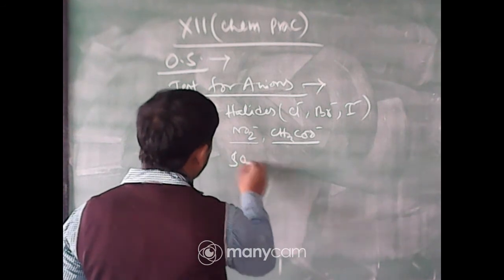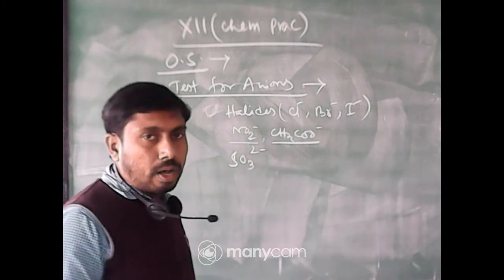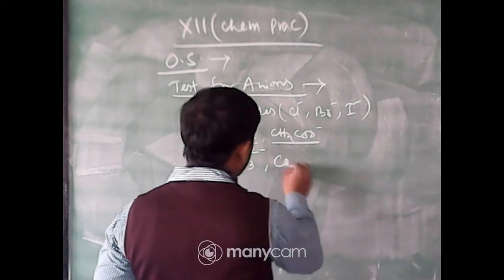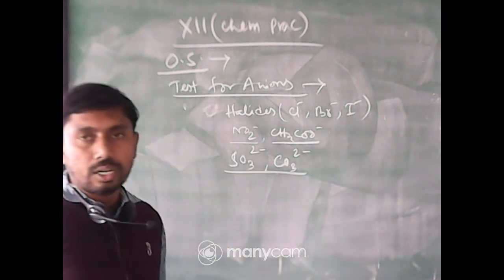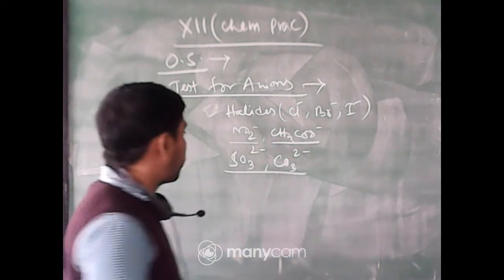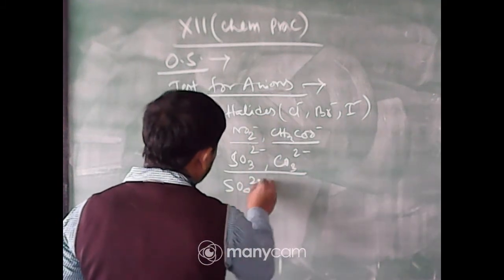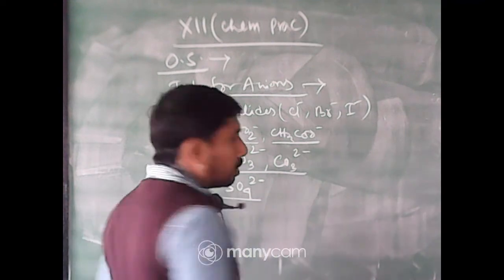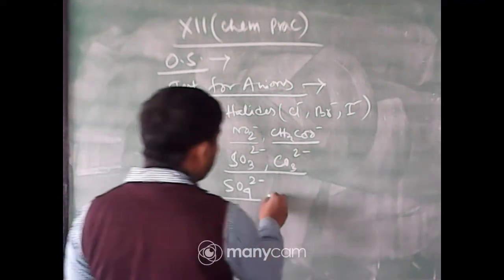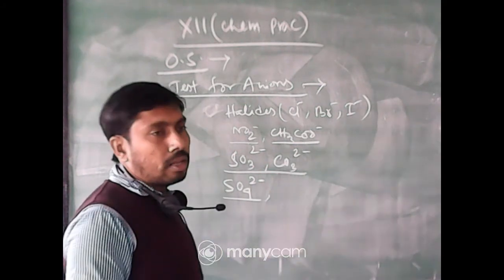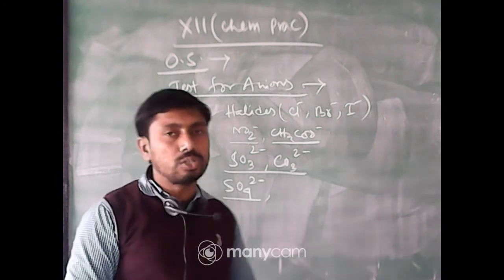Next one is sulfate. Sulfide also responds in the dry test section, as do sulfate and carbonate, CO3 2 minus, when dilute sulfuric acid is added to the direct solid sample. Next, halides and then sulfate. Phosphate is also there, but as it has a difficult pathway, ammonium molybdate solution should be used.